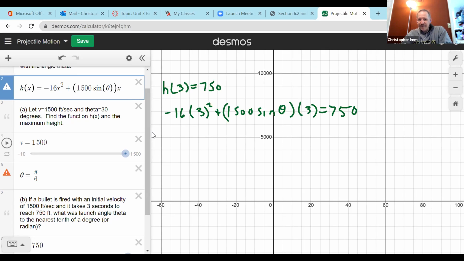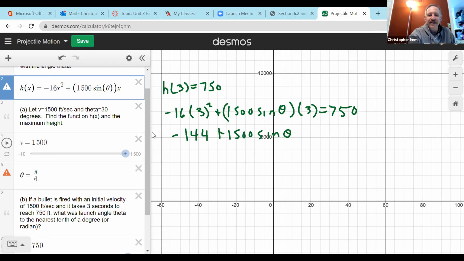Well, I should be able to solve this equation and figure out what that launch angle is based on that point. So let's try it. So let's see if we can't figure this out in our last few minutes here. So 3 squared is 9. So I have 9 times 16. I'm going to need some calculator help here. So negative 144 plus 1,500 sine theta.